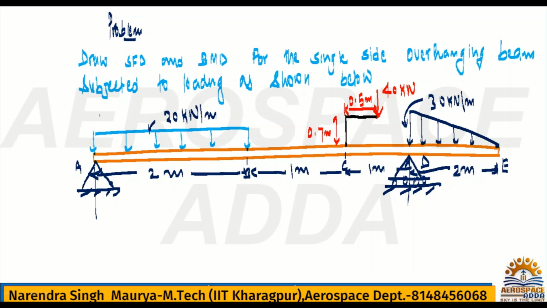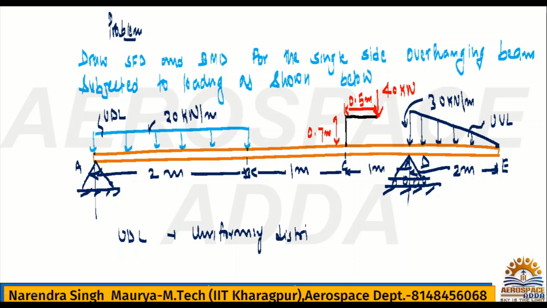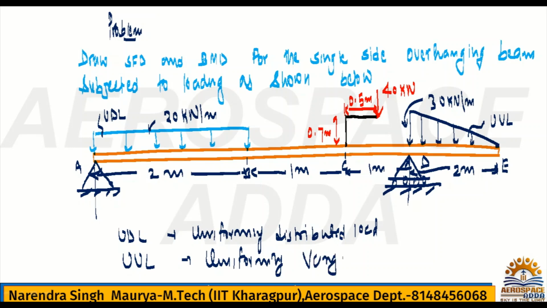This type of load is called UDL, uniformly distributed load, and this is UVL, uniformly varying load.